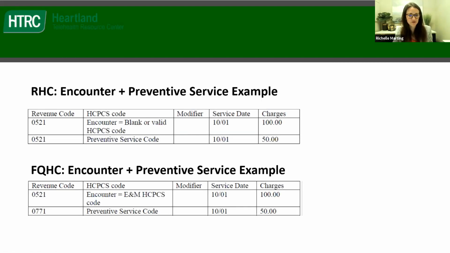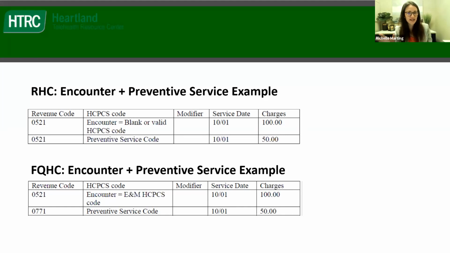So here's an example of what that might look like for RHCs and FQHCs, and this is a Medicare example. So we may have our revenue code for RHCs where we don't have to report a procedure code. It could be blank, or we can report the HCPCS code if we want.